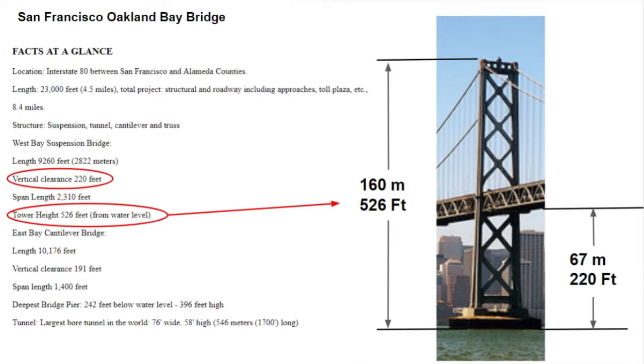There's about 220 feet of clearance during high tide between the bottom of the bridge and the water level. That's so the boats know that if you're over 67 meters, you may not want to go under the bridge during high tide. There have been some pretty cool pictures of boats trying to get underneath that were just about that height. They had to wait for low tide before they could make their pass. It was fun to watch.